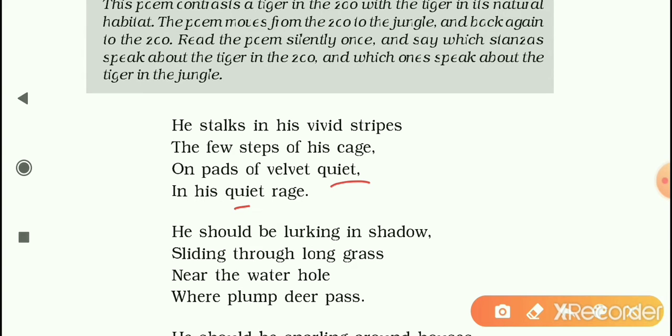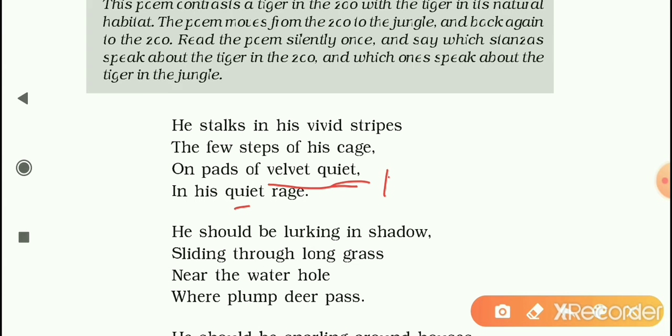See, on the third line, on pads of velvet quiet, this is natural. The cushion type pad was created in those animals' feet by nature, and it was intended because it was a part of their hunting technique.